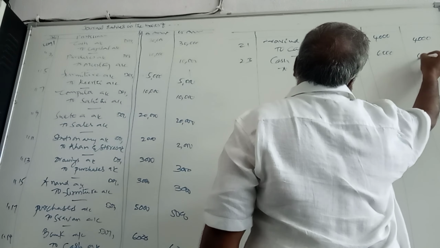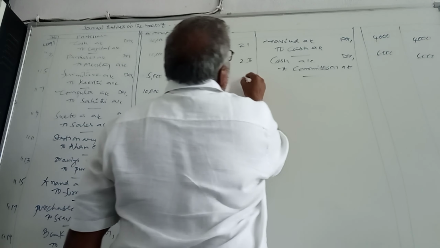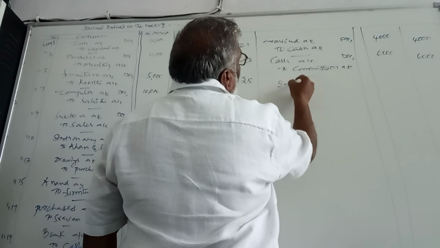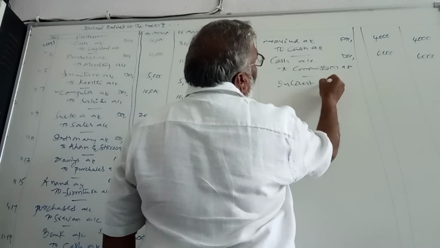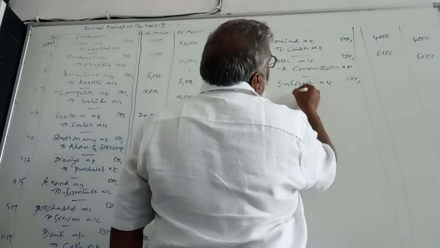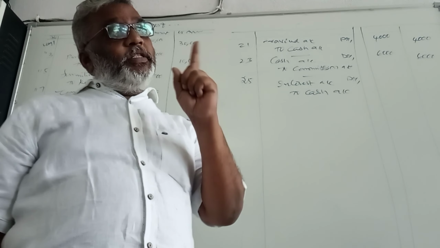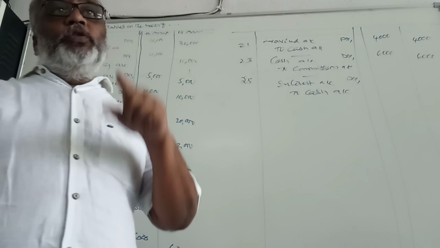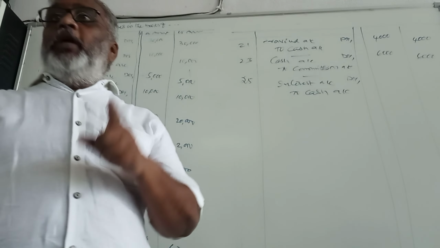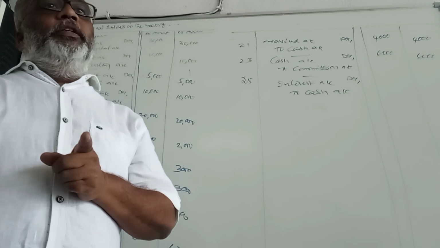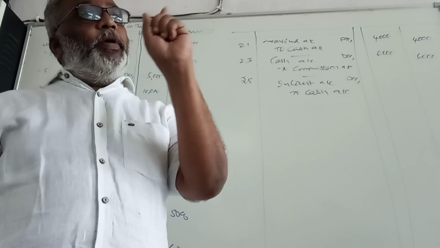Next, 25th. Interest paid to Arvind. Interest account debit to Arvind? No, no need to write the person name. Already I told you so many times: at the time of writing nominal account entries, you should not write the person name.